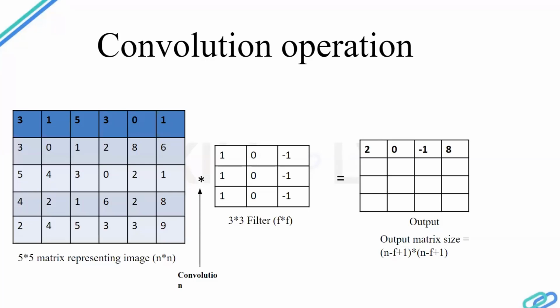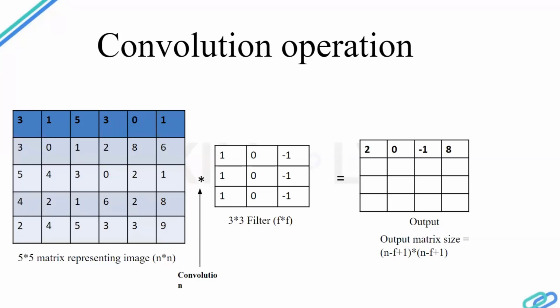All this multiplication will be added and it will come to 2. One by one we will slide this filter to the right, and 2, 0, minus 1 and 8 will come. Likewise we will slide it downwards also, and the whole output matrix will come, which is called the feature.